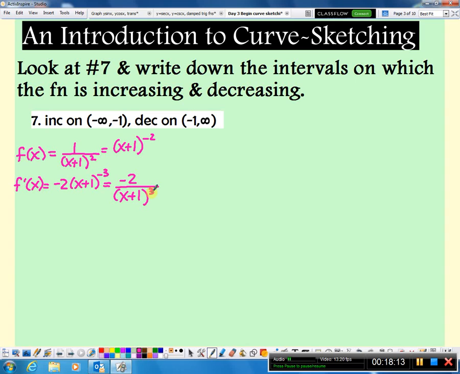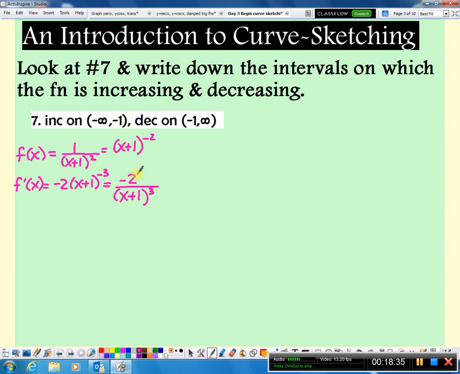Okay, so now we need to figure out, where is f prime of x equal to 0? Where does f prime of x fail to exist? Because that's the way I find critical values. Well, on this fraction, the only way the fraction could equal 0 would be if the top equals 0, and -2 is never going to equal 0.